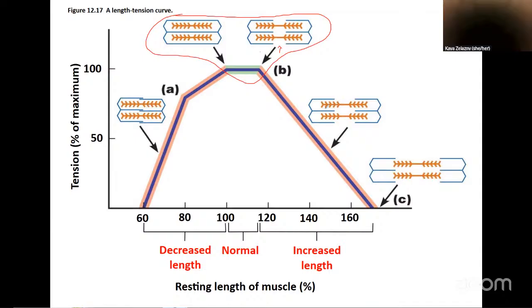So let's start with the long one, the stretched out muscles. If you're extra stretched out, you're at the limit of how long that muscle can get. What we can see is that we've got some of those myosin heads, some of those cross bridges, that don't have any actin to grab onto.